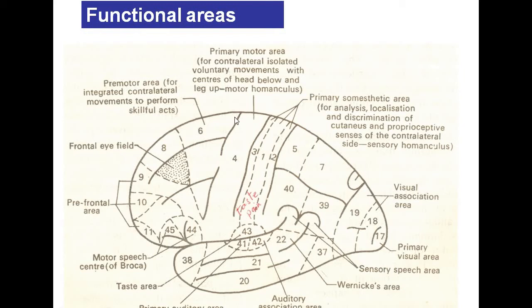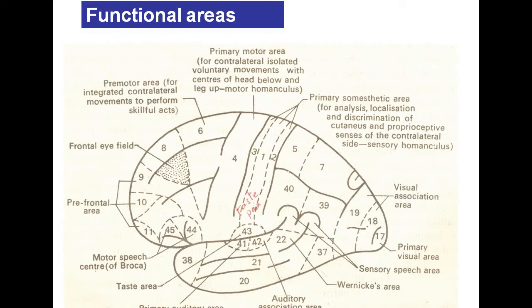This primary motor area controls contralateral isolated voluntary movements, with centers of the head below and the leg upwards. That is called the motor homunculus. It is also named area number 4. Clear? Fine.